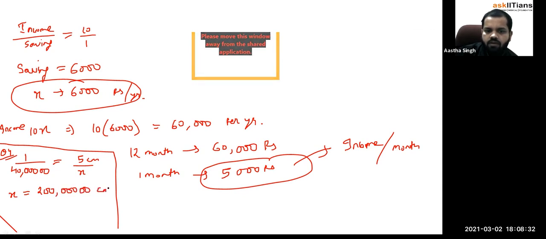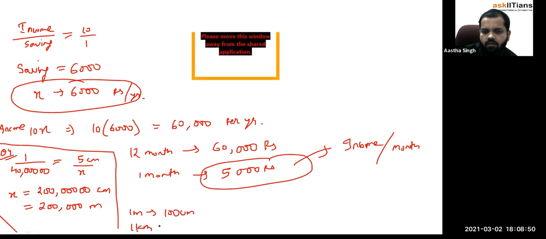This centimeter just convert into meter. In 1 meter there is 100 centimeter, and in 1 kilometer there is 1000 meter. So this will be 200.